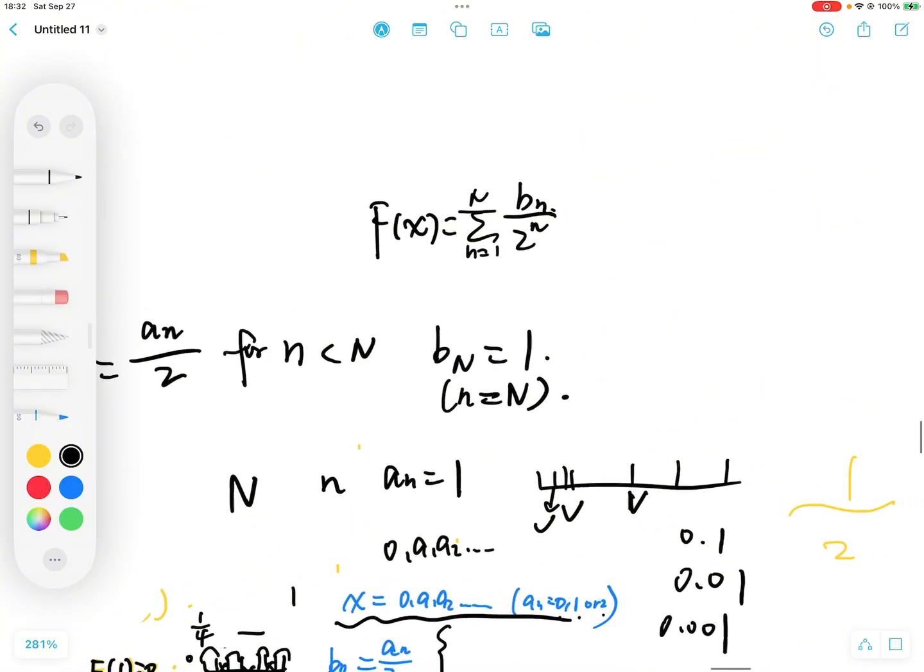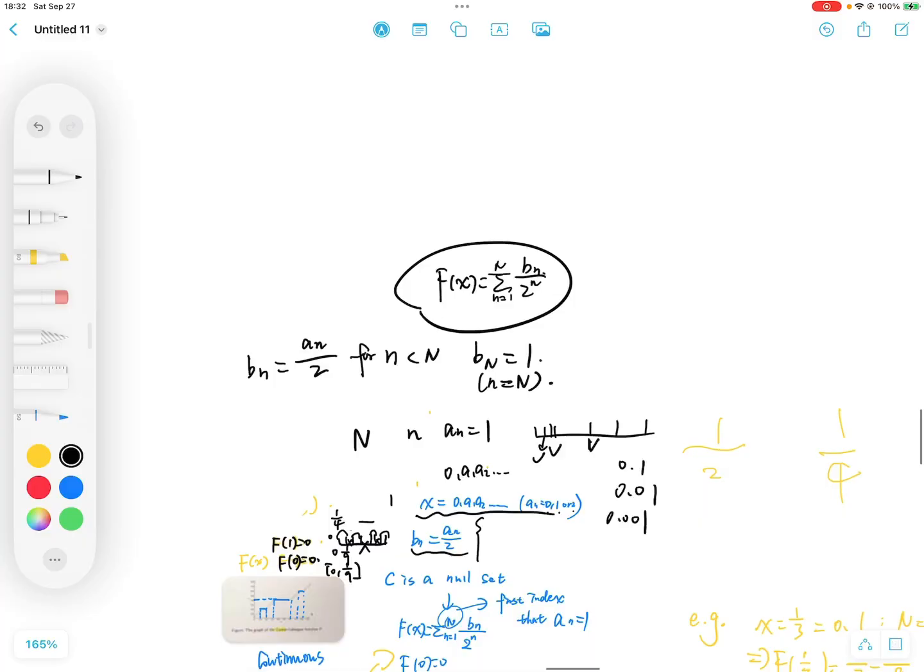Why is that? Because what we focus on is after a period of the set that's removed. If it's from 0 like that, we remove that and we consider here. We will know that it's 1 over 2. But why is it 1 over 2?